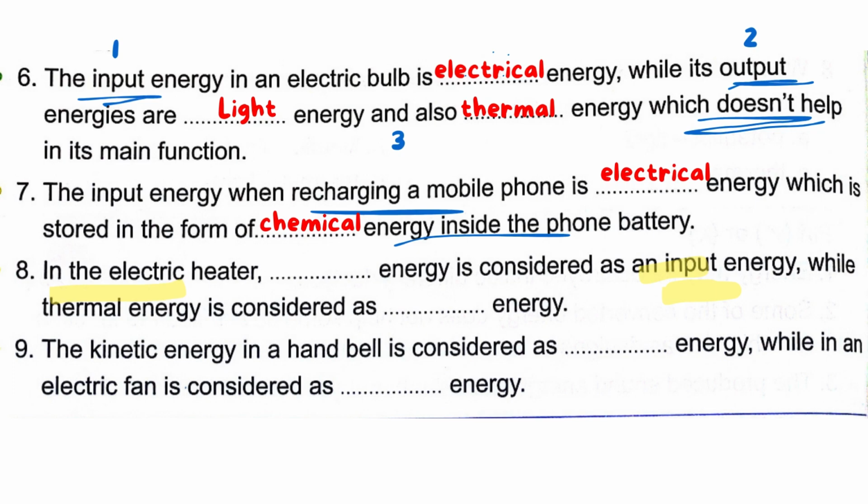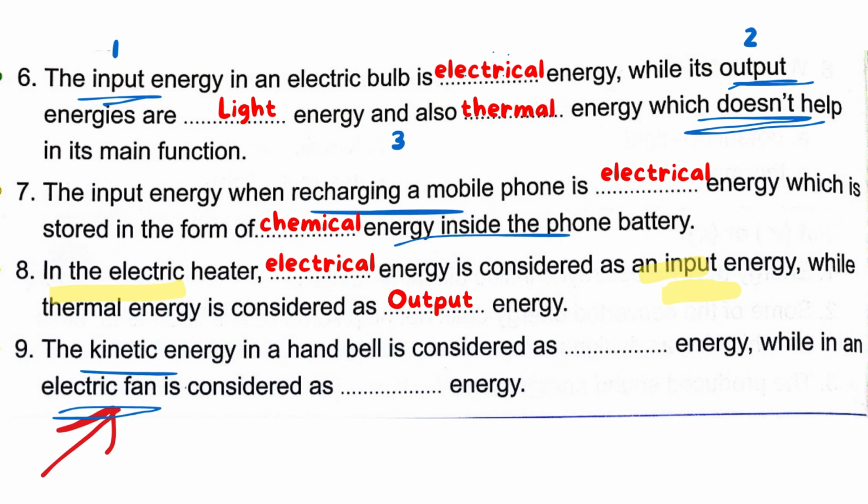Yes, electrical energy. And thermal energy comes from the heater, produced from the heater. So this is the output energy, the produced energy. So the answer here: in the electric heater, electrical energy is considered as an input energy, while thermal energy is considered as output energy.